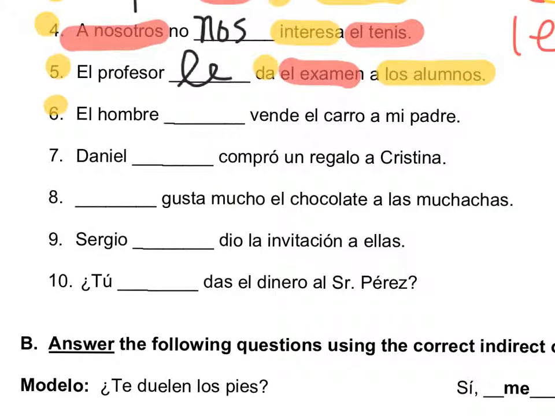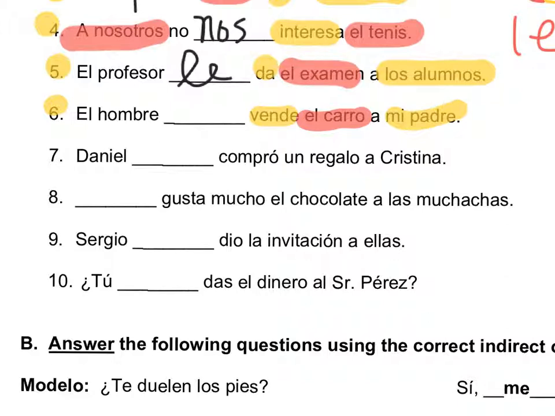Número 6. So el hombre, our verb is vender, so what's being sold is the direct object, el carro. The man is selling the car, and the recipient, the person that's buying the car, the one that's purchasing the direct object, is mi padre. We need the corresponding indirect object pronoun: me, te, le, nos, os, les.